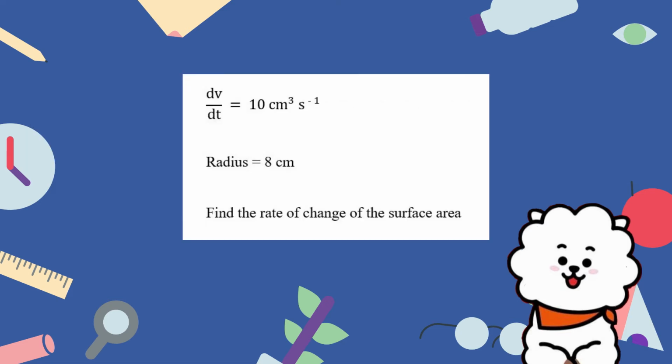Now from this question, we know that dV over dt is 10 centimeters cubed per second and the radius is 8 centimeters. The question is asking us to find the rate of change of the surface area of the balloon.